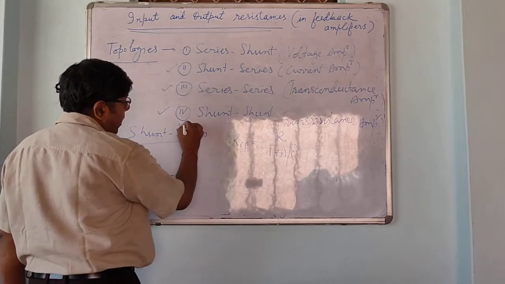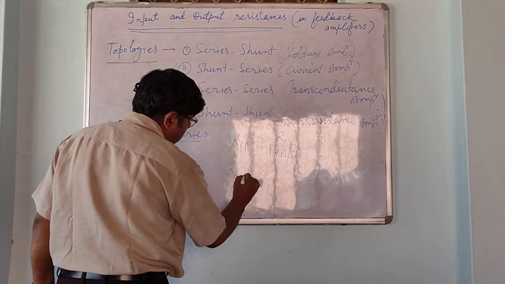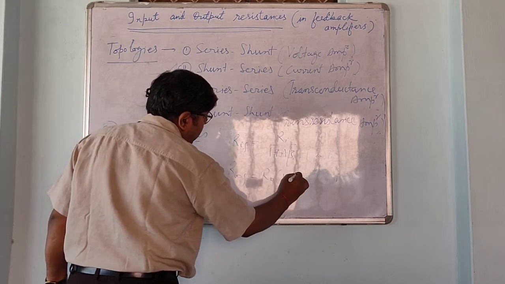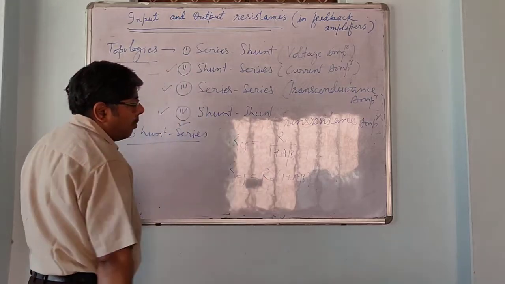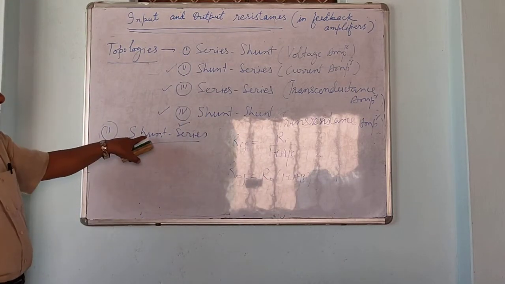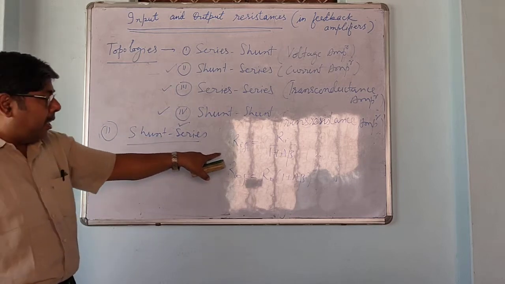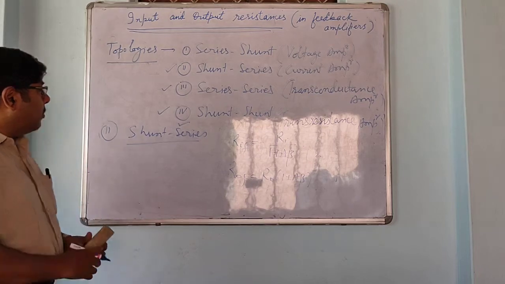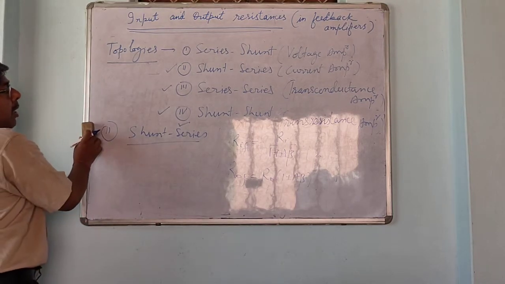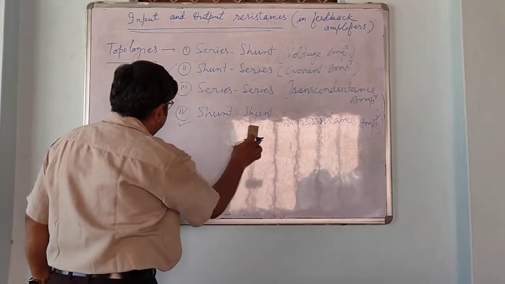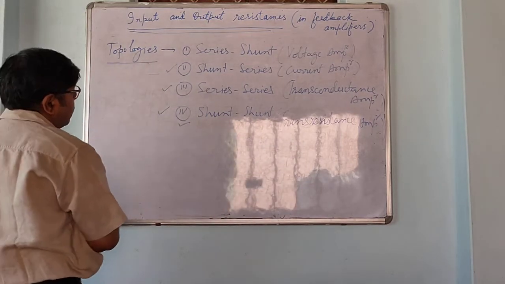And at output connection is series, therefore output resistance is increased by the same value. So this is for second one. Shunt means decrease, series means increase. Similarly, for third and fourth, we can obtain input and output resistances.